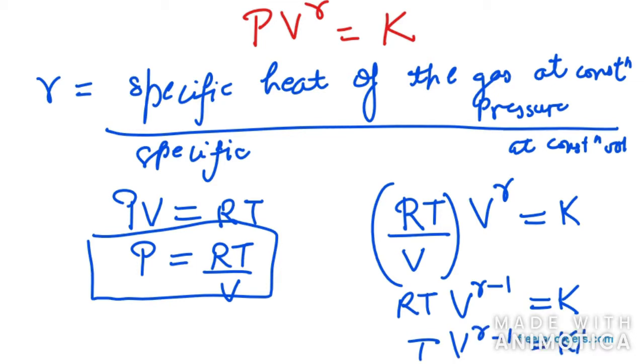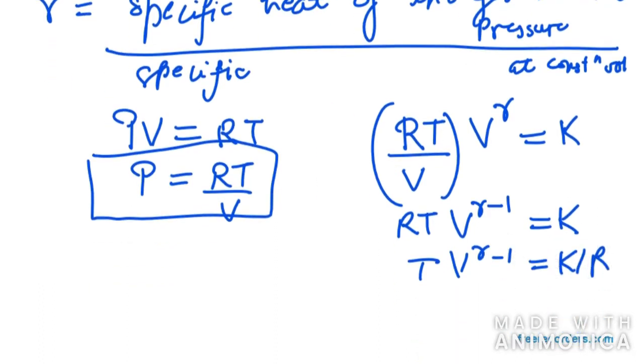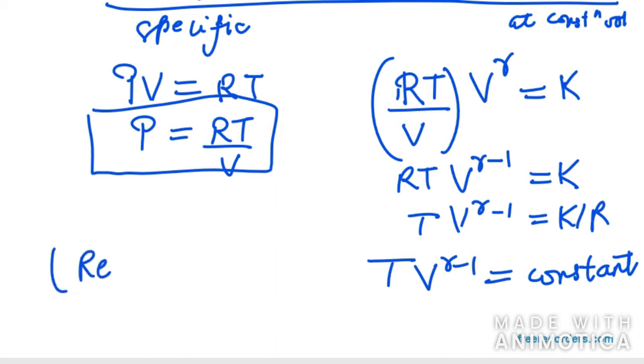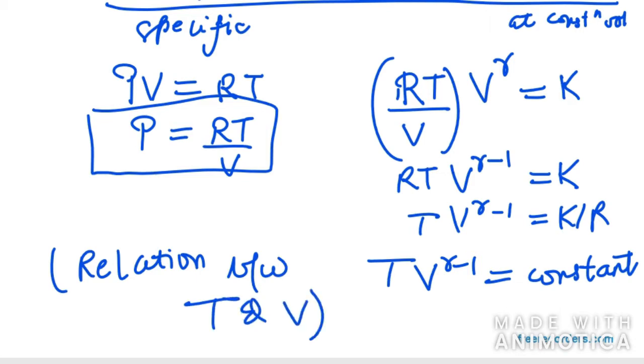So it will be K by R, which is a constant. That means this is the relation between T and V. So TV^(gamma minus 1) equal constant. So remember the relation between T and V in the case of adiabatic change is TV^(gamma minus 1) equal to constant.